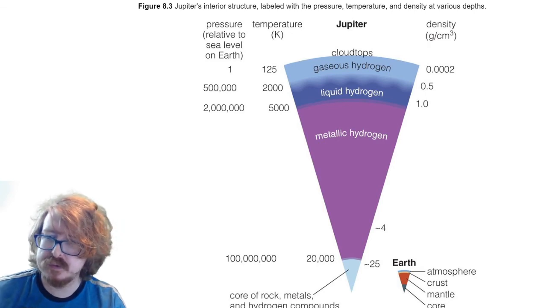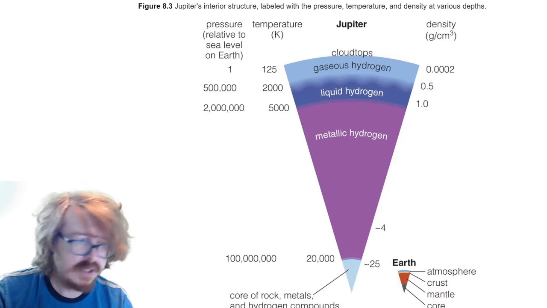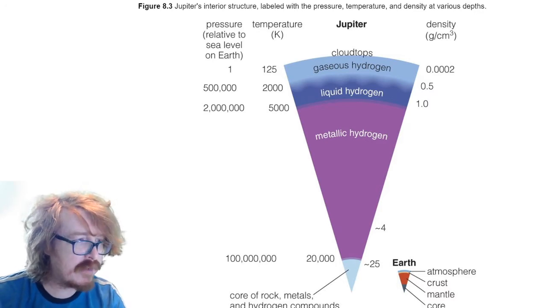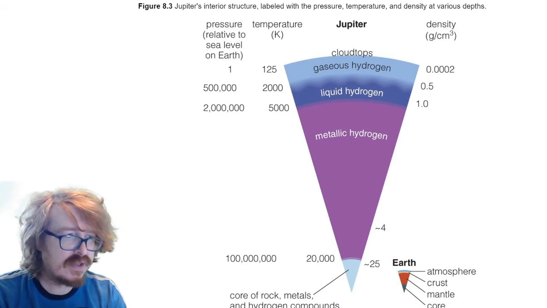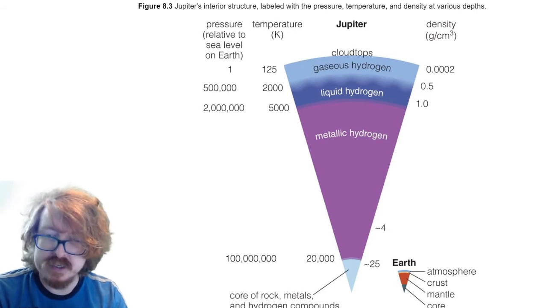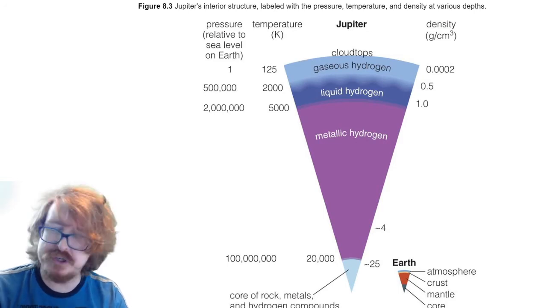Usually, right, you normally think of solid when you think metallic. But if you've been paying attention to what I've been saying, this is an ocean. So is this metallic hydrogen right here liquid or solid?